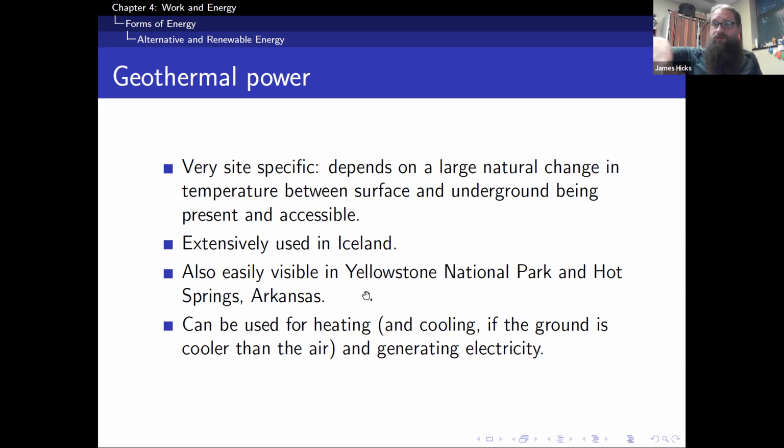Little rivers flowing through town are almost too hot to touch because that's hot water relatively close to the surface. I think Iceland uses geothermal energy for close to 80% of all their energy use, even electricity.